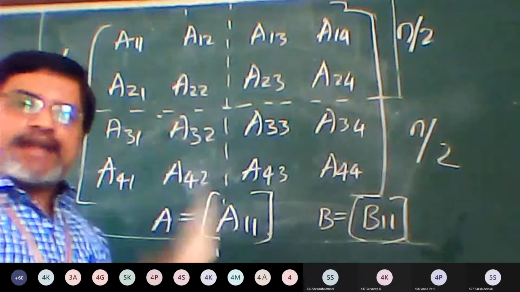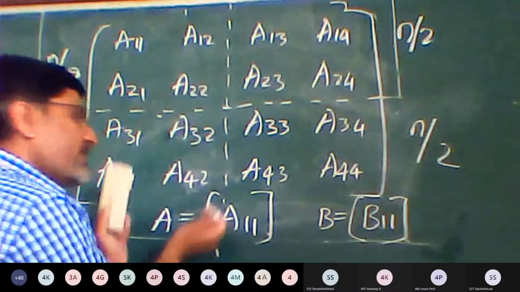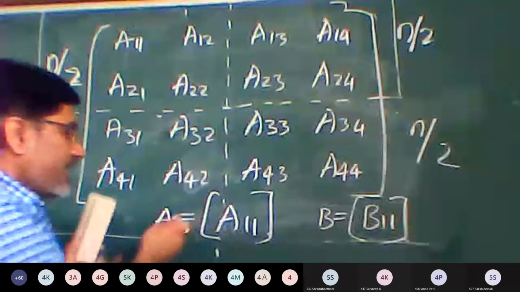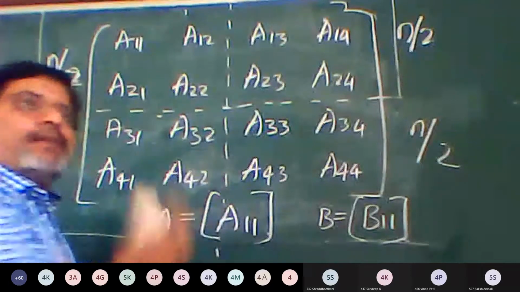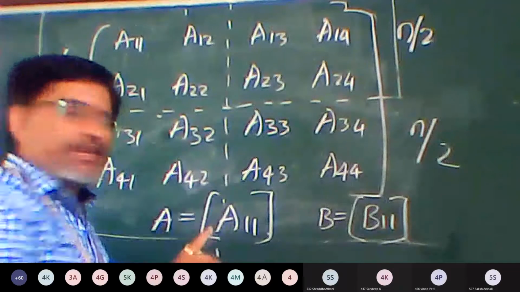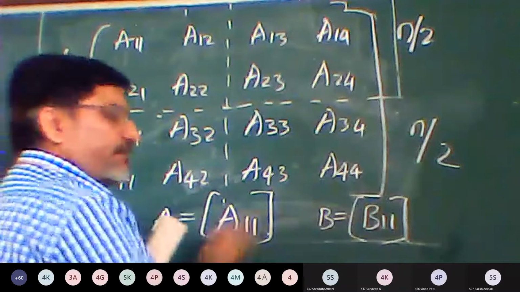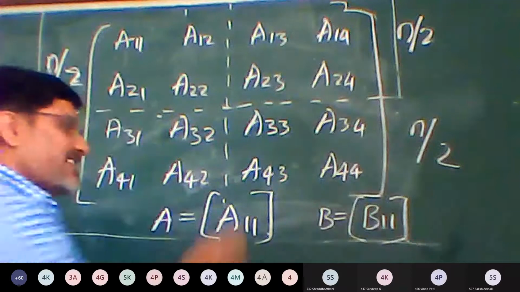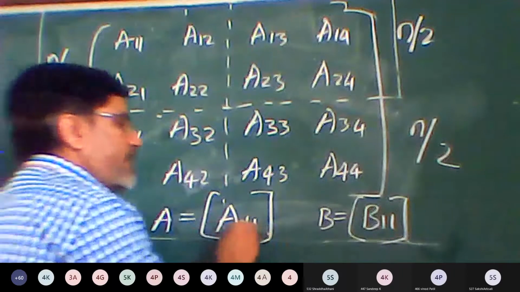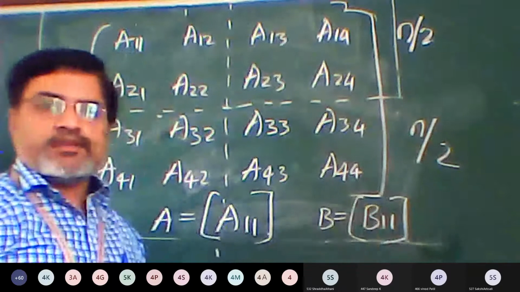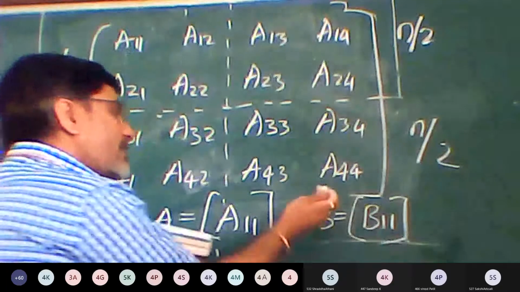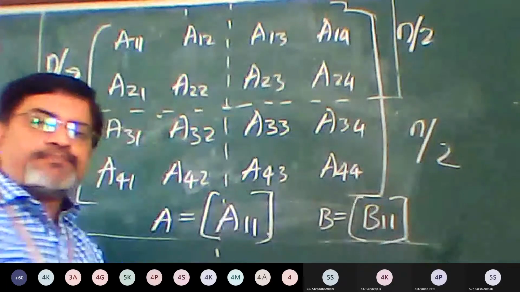If the matrix is divided in such a way that we reach a small problem, where the sub-matrix consists of only one element, then we can directly multiply the elements, like C11 is A11 into B11. But most of the time we can't get down to one element.